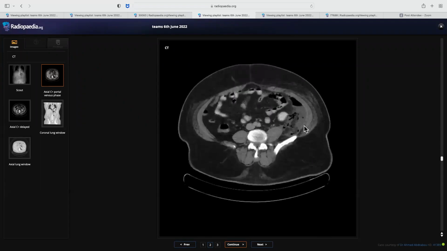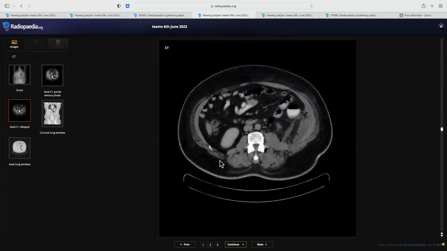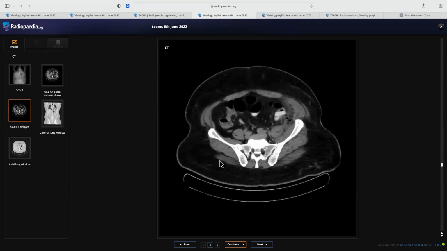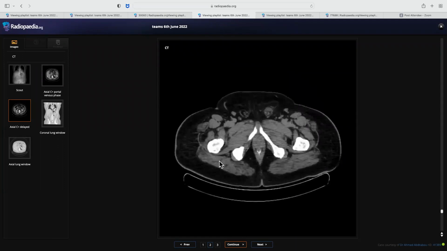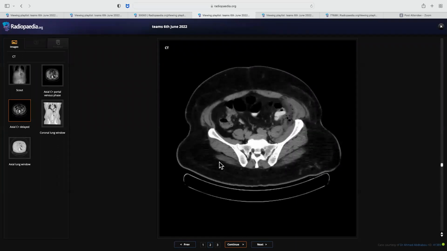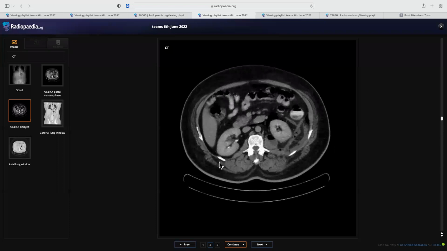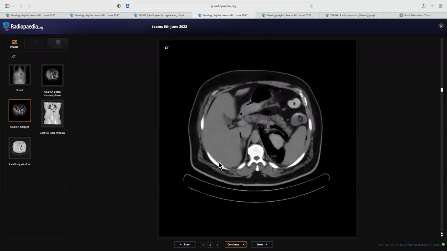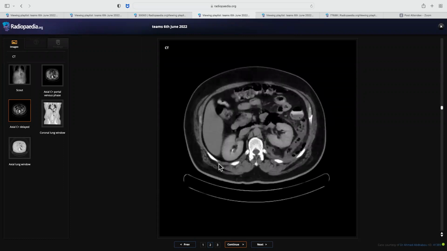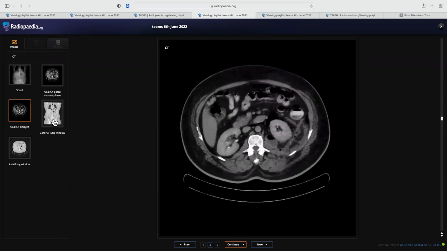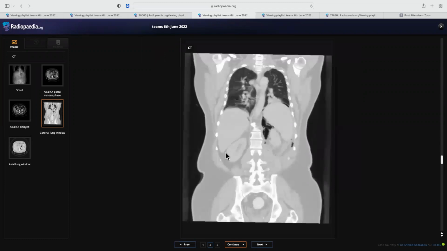There is also a collection in the left paracolic gutter with thickening of the pericolic fascia. These changes are seen extending into the left iliac fossa. So this is the retroperitoneum, and the kidneys appear unremarkable.